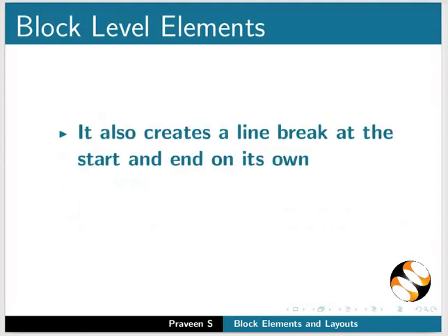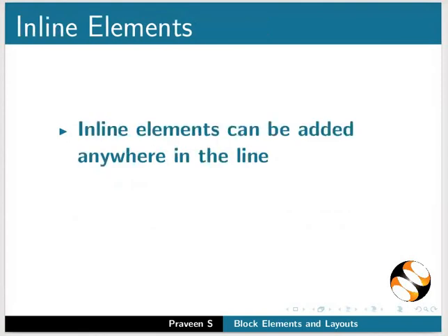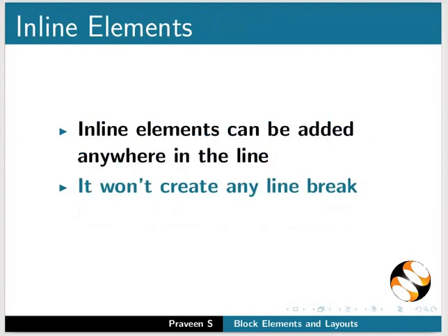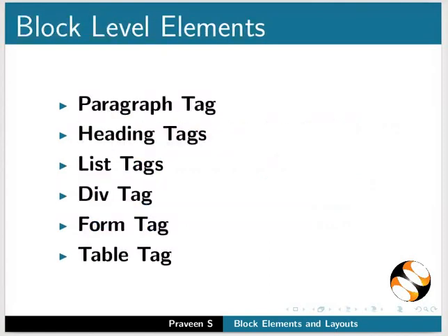It also creates a line break at the start and end on its own. We can create a block element inside another block element, whereas inline elements can be added anywhere in the line. It won't create any line break. They are individual tags.